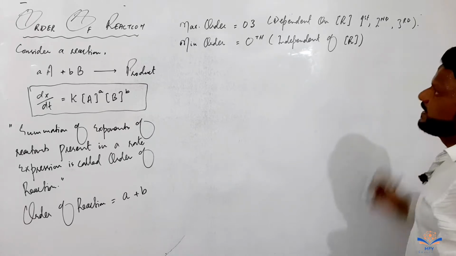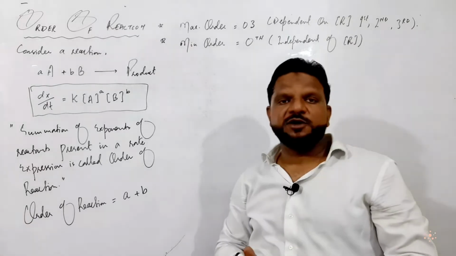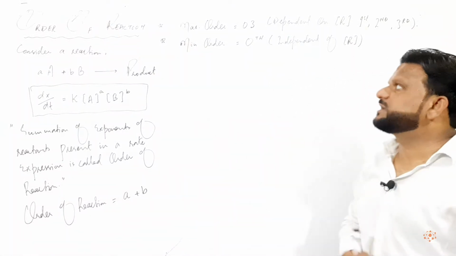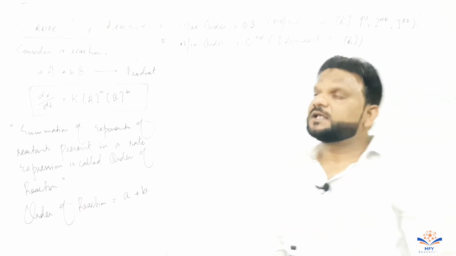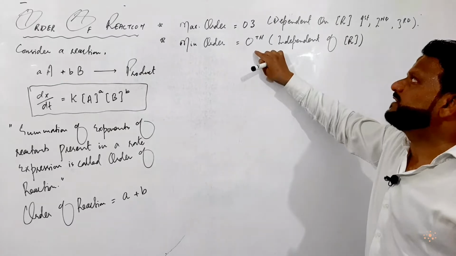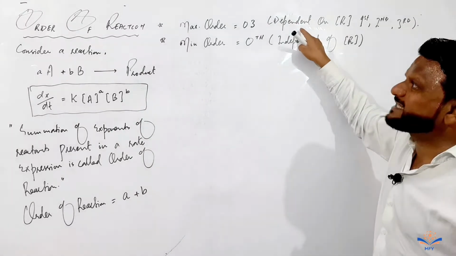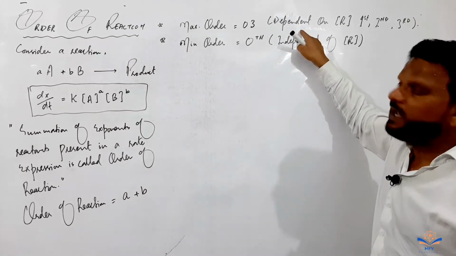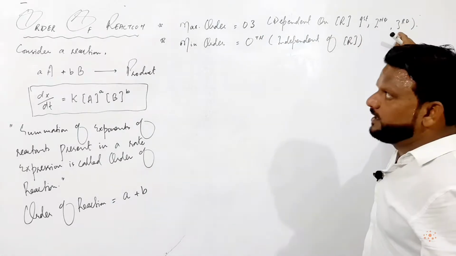It means that there are two types of order of reaction: dependent or independent. Those independent of active masses of reactants have 0th order, and those dependent on active masses of reactants have maximum third order, which includes first, second and third order.